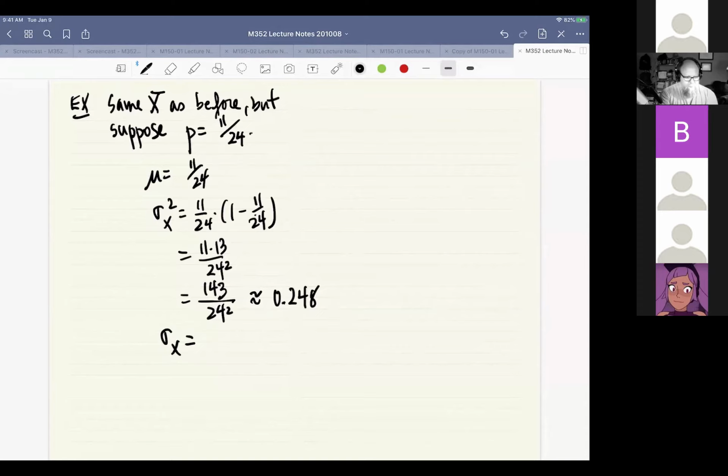Now let's calculate the square root of this. The square root's about 0.498. So the standard deviation is about the same, a little bit smaller.